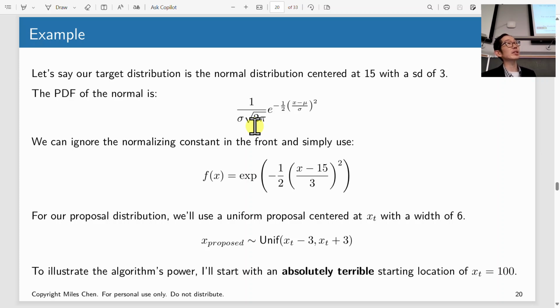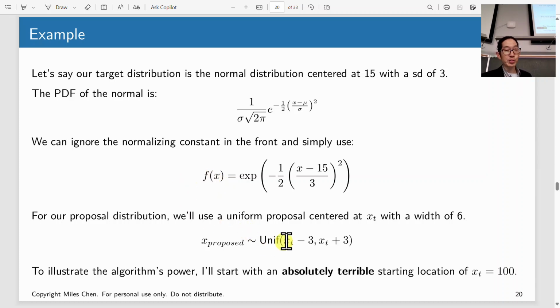It's not necessary. So I'm just going to do e to the negative, just this part here: e to the -1/2 times (x minus 15 over 3) squared. Okay, so we're going to ignore this normalizing constant, and this will be our function f of x that we use to calculate our probability of moving.